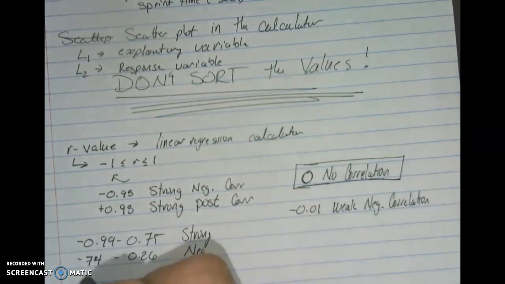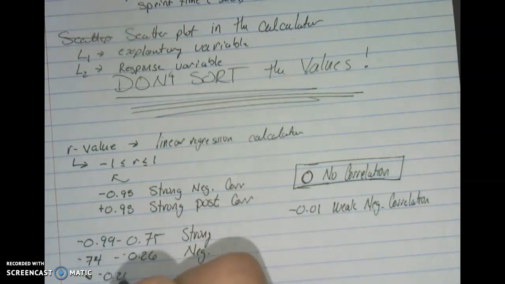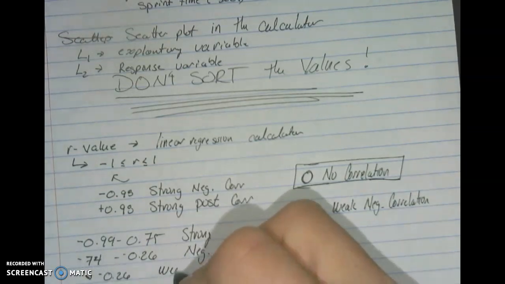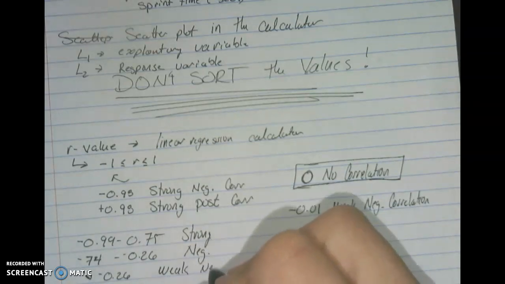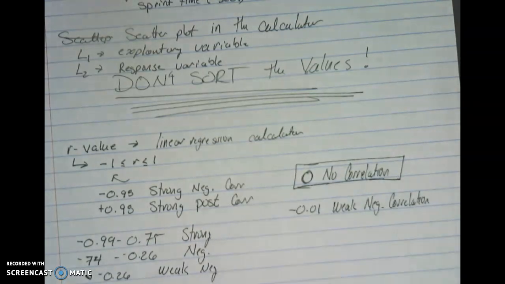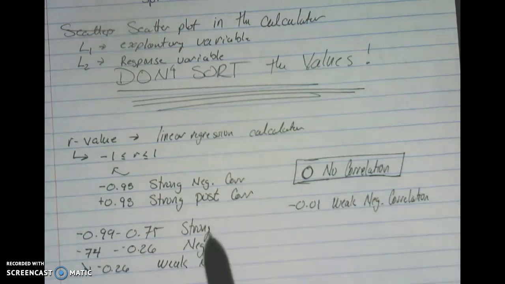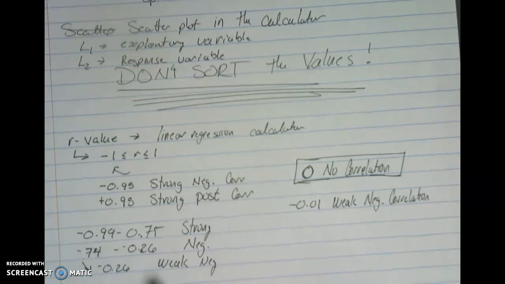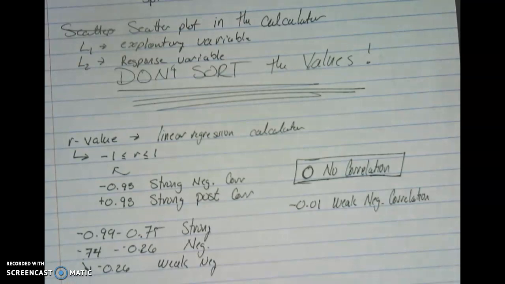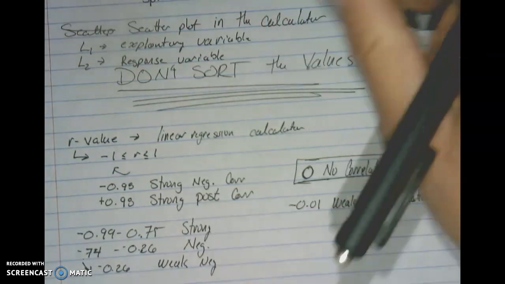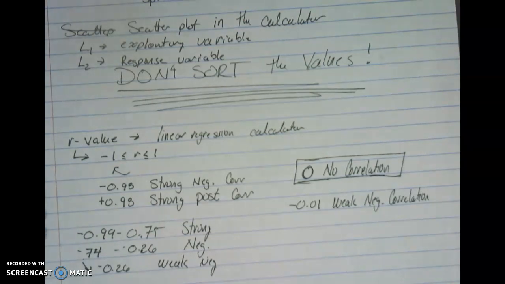And anything below or closer to 0 is going to be a weak negative. If you switch the numbers around to being positive, it's a strong positive if it's between 0.99 and 0.75, a positive correlation between those numbers, and a weak positive. Does that make sense? Okay.